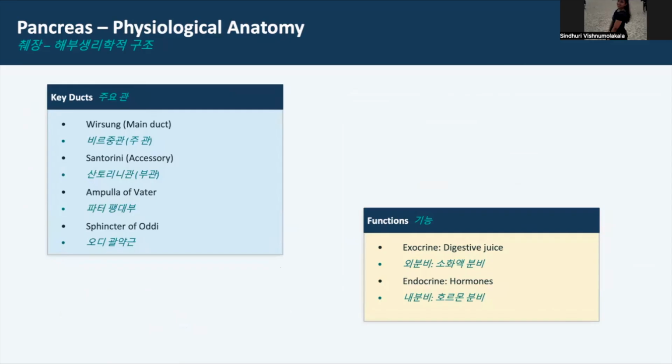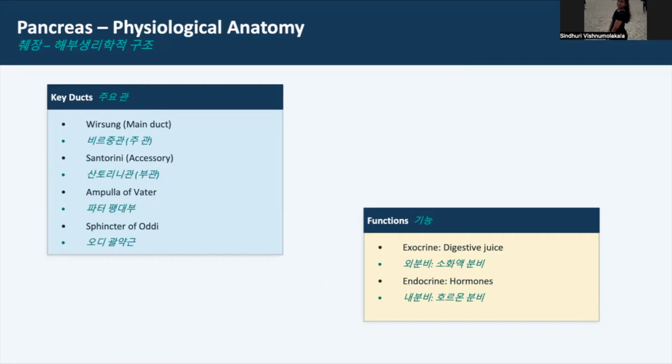So, for the key points, the duct of Wirsung is considered the main duct and the accessory duct is the duct of Santorini. The Wirsung duct opens into the ampulla of Vater that opens into the duodenum and it is regulated by the sphincter of Oddi, which helps in contraction and relaxation, thus helps in regulation of pancreatic juices.